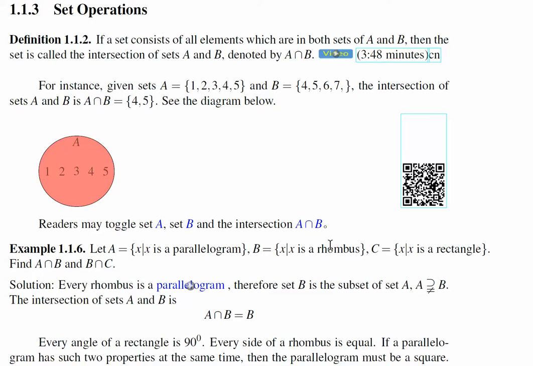In this video clip, we will talk about set operations. The first one is about intersection.